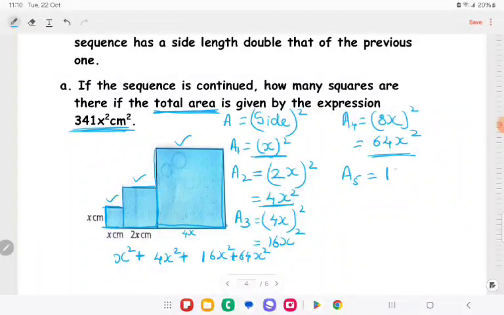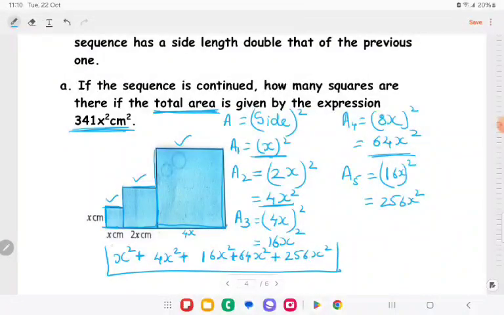Double of 8 is 16x, square, which is equal to 256x square. So children, let's find out if all of these add up to 341x square. Yes, they do.